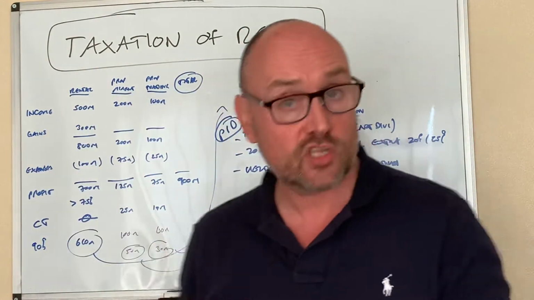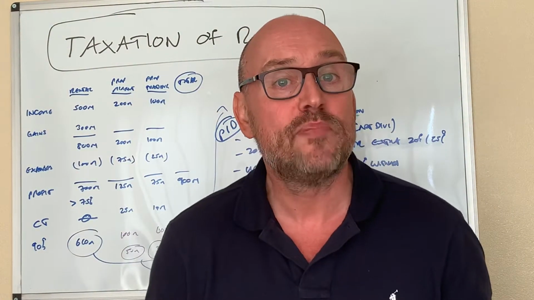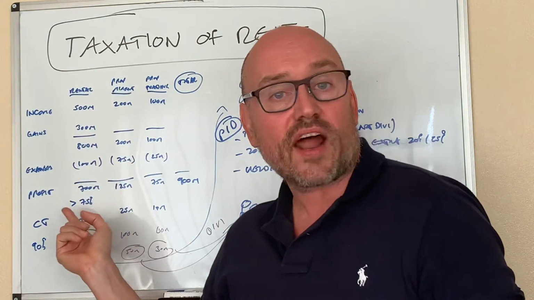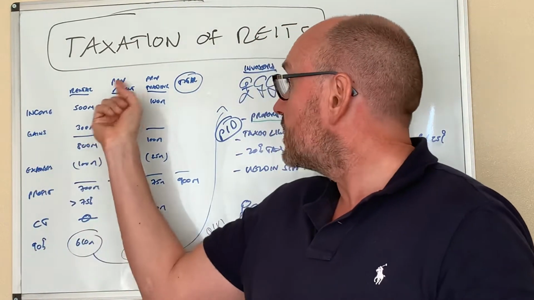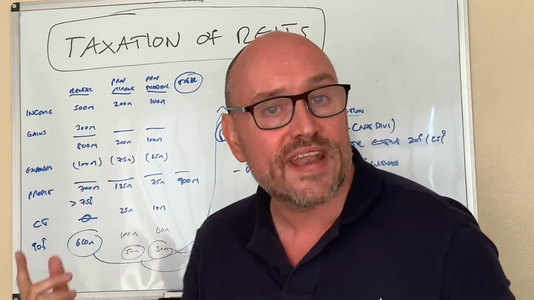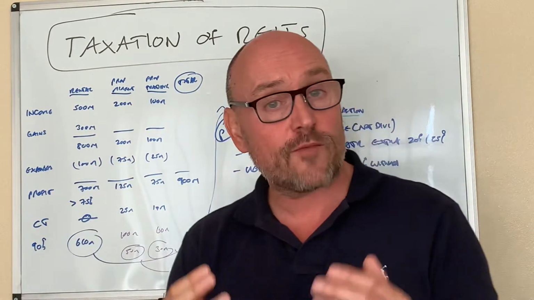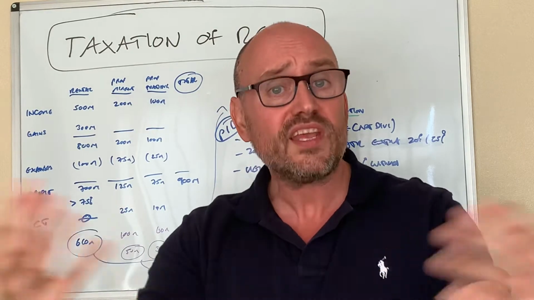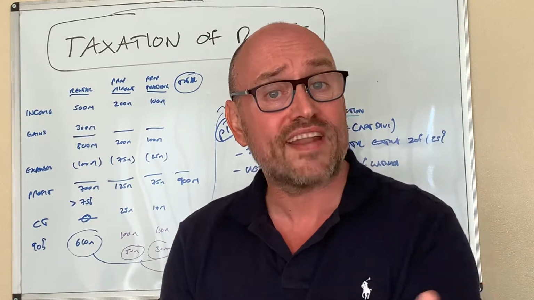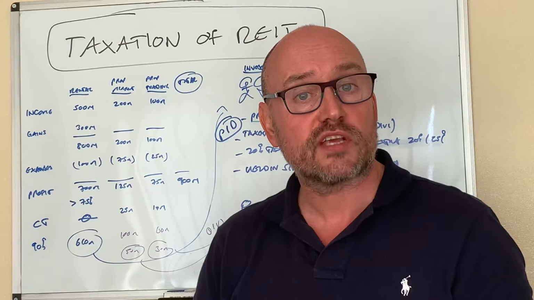They said, absolutely, we can re-engineer our businesses to make sure that we hit this criteria by doing less of this stuff or spinning it off, but concentrating on this so that 75% or more of the portfolio income, profits derived from rental, boom, no corporation tax.